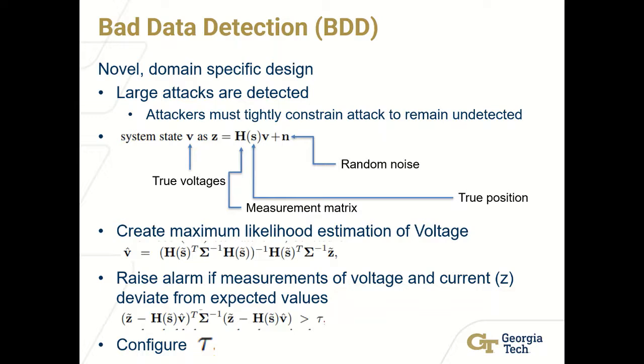The next step is to create a maximum likelihood estimation of voltage, and then to compare that estimation and raise an alarm if the measurements of voltage and current deviate from the expected values. And this will be compared to a tau value. And this tau value should be configured so that false positive results are tolerable and minimal.